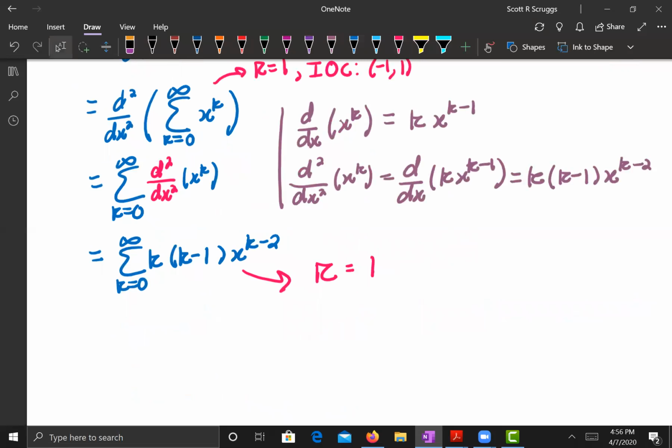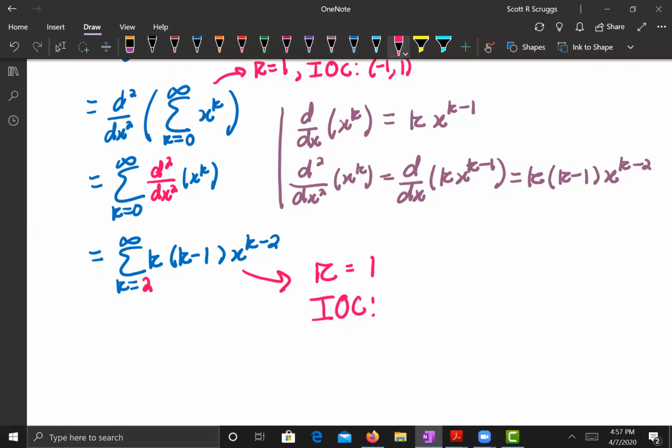Now, as for the interval of convergence, let's go ahead and change some stuff up real quick because I just noticed the index will be 2. The reason why the index will be 2 is because I'm taking 2 derivatives.